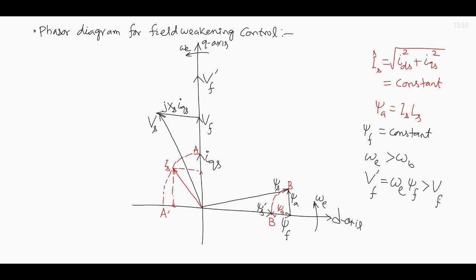And corresponding to point A dash, this is the stator current I d s, because at point A dash I q s is 0 and I d s equal to I s hat. Okay.